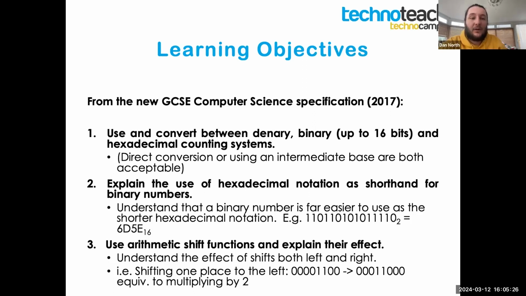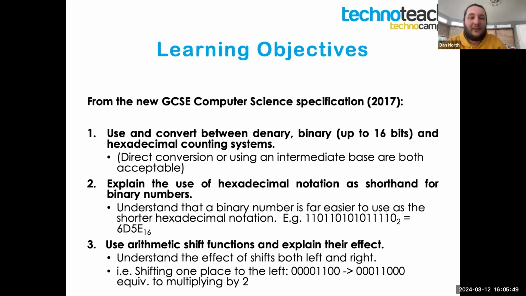We'll explain the use of hexadecimal notation as a shorthand for binary, why that is done, and why we use hexadecimal in computing when, as just mentioned, all computers work in binary. So why do we decide to complicate it with hexadecimal?